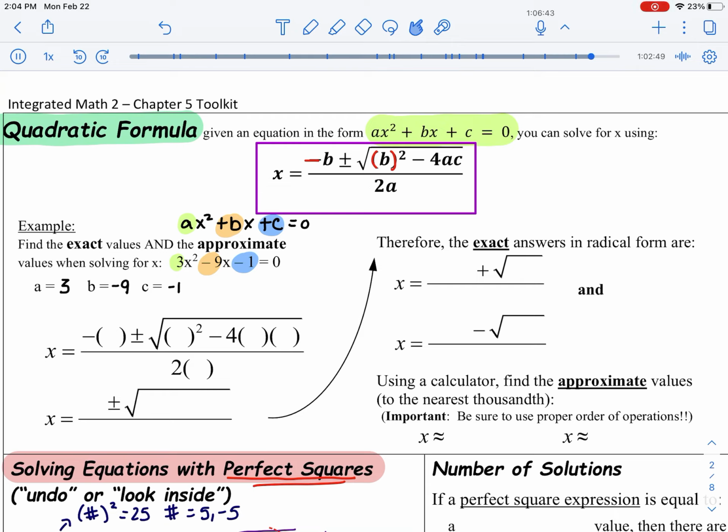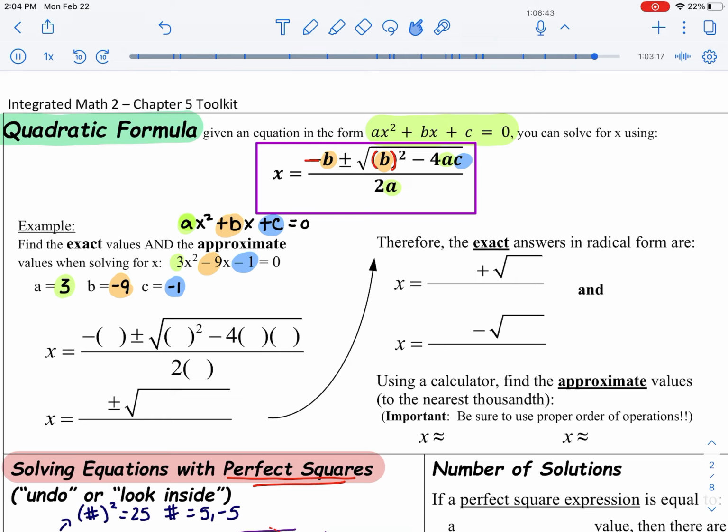Now what I'm doing is everywhere I see an a in my equation, I plug in my value of 3. Wherever I see b in my equation, I'm going to plug in negative 9. And wherever I see a c in my equation, I'm going to plug in negative 1.